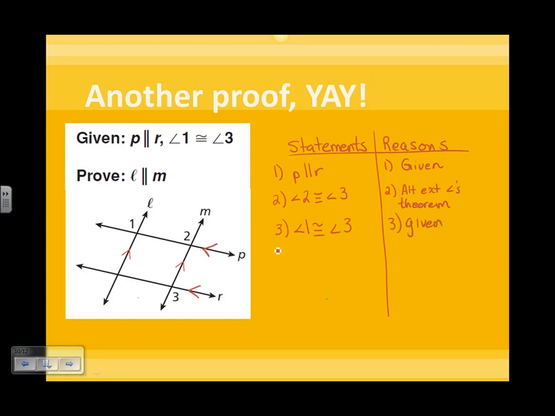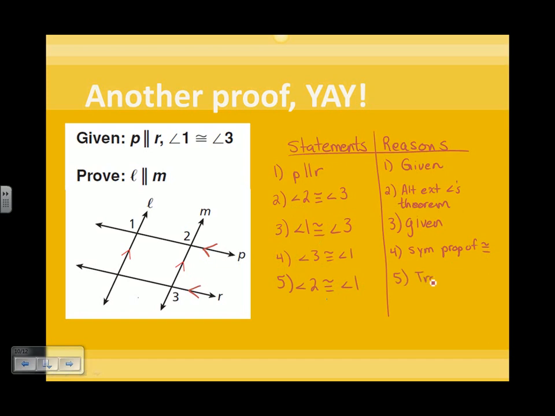I'm going to use the symmetric property here to say that angle 3 is congruent to angle 1, only because I wanted to follow the transitive property, symmetric property of congruence. And then because 2 is congruent to 3 and 3 is congruent to 1, I can say angle 2 is congruent to angle 1.